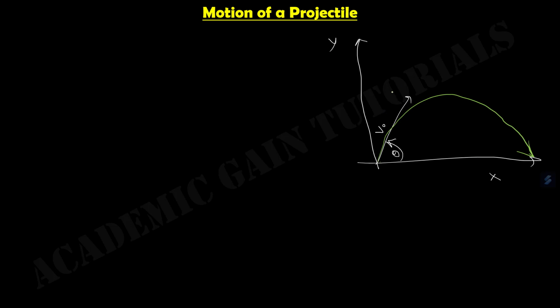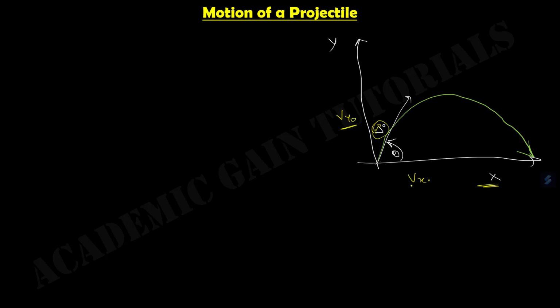So now we will talk about this whole scenario. First of all, we discussed vector components in our vector chapter. For this v naught velocity, we know velocity is a vector quantity. So for this v naught, in the x-axis, the component of v naught will be vx naught, and in the y-axis, the component of v naught will be vy naught.